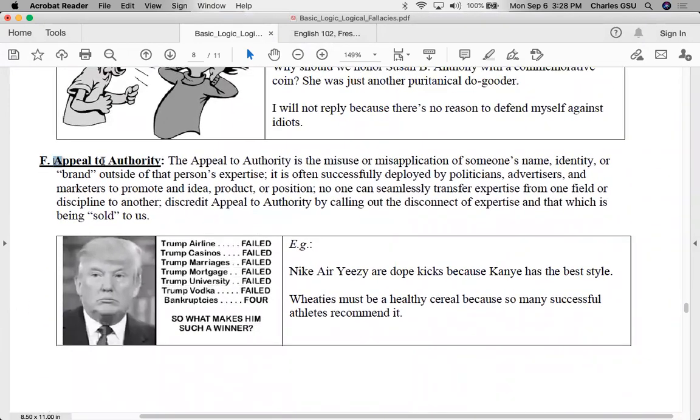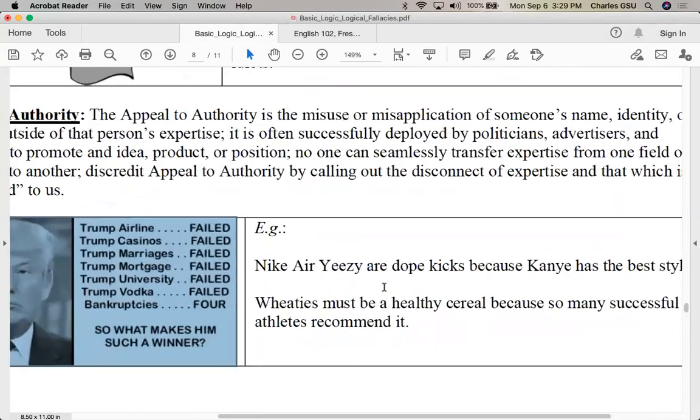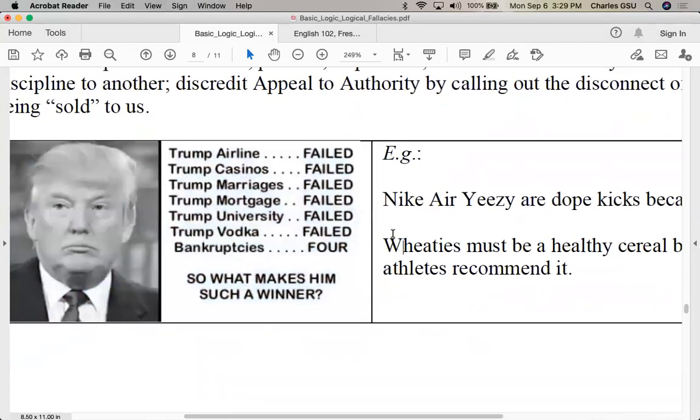Appeal to authority. The appeal to authority is the misuse or misapplication of someone's name, identity, or brand outside their expertise. So I have this image here of the former, quote unquote, president as a way to remind you that his supporters, even then and now, thought that he was such a great businessman.